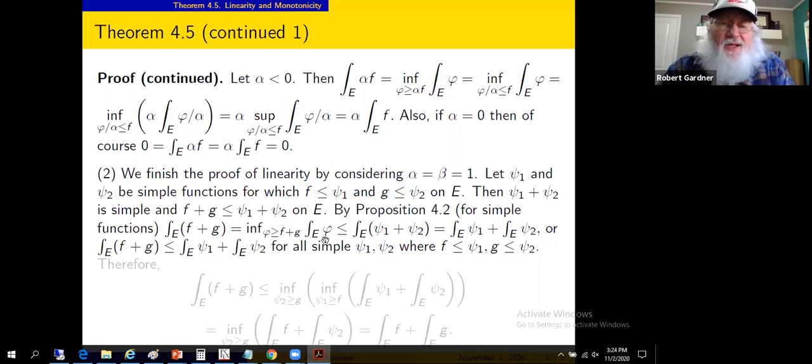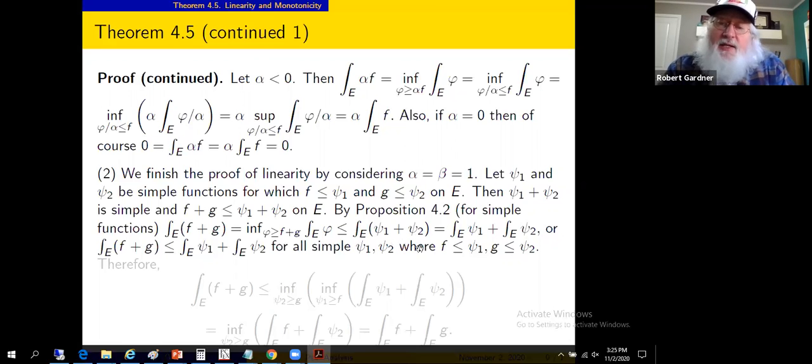Well, if this is the inf, then a particular one will be greater than or equal to that. So psi1 plus psi2 is indeed a simple function greater than or equal to f plus g. So it's one of these phis in this whole collection of all such simple functions phi greater than or equal to f plus g. Here we had an inf. Okay, so the inequality here actually comes from properties of infima.